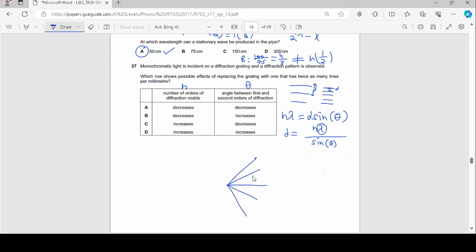I could draw this as well. So if I have 0, 1, 2, and technically I should probably draw a screen as well, right? The point being that this is also 1, but from the opposite direction, and 2. And if this is theta 1 and theta 2, then they're talking about the angle between the first and second orders of diffraction, which is going to be theta 2 minus theta 1.